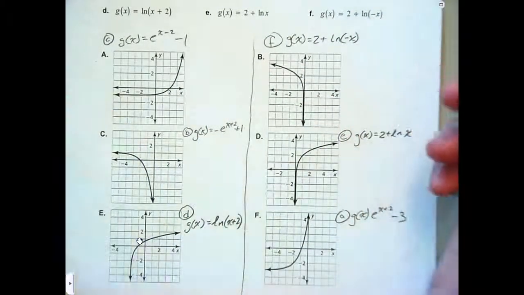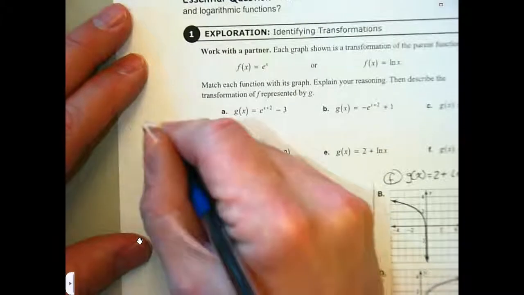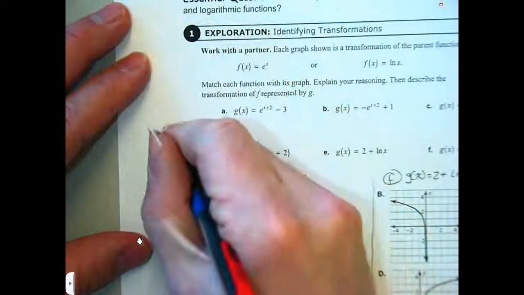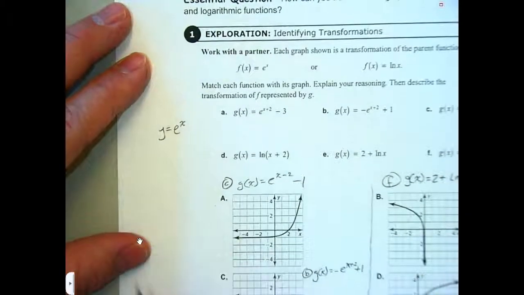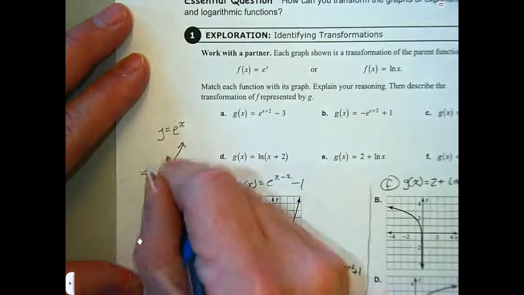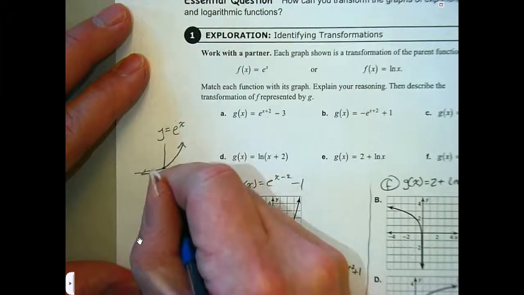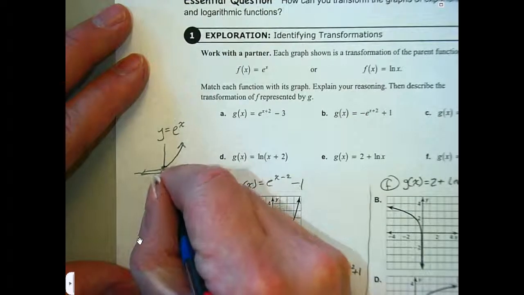Any others? Matt? We were looking for the points. On a regular exponential graph, it's 0, 1. So we were looking for that point on all these graphs. So if we had y equals e to the power of x, first we need to know that's growth, and when you plug in 0 for x, you get 1 for y.